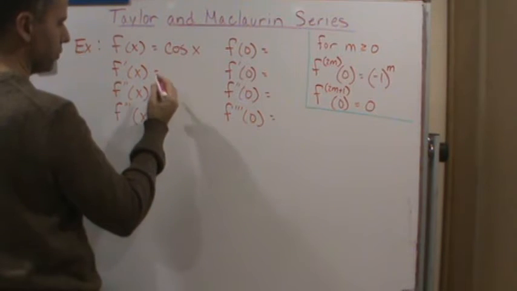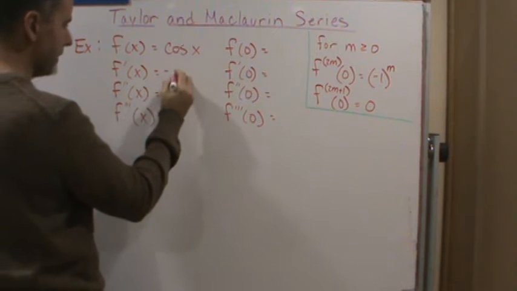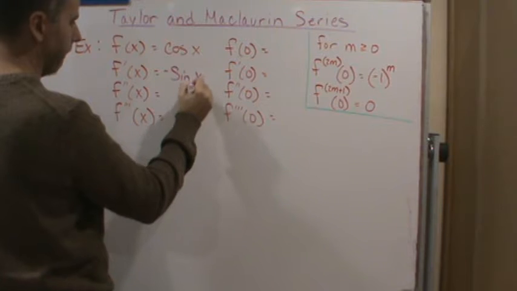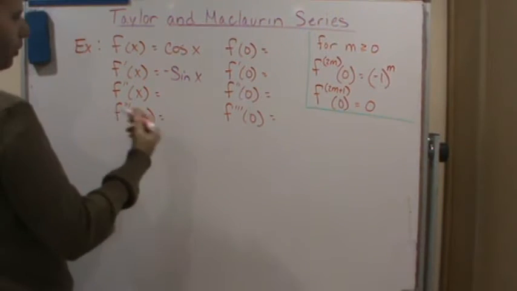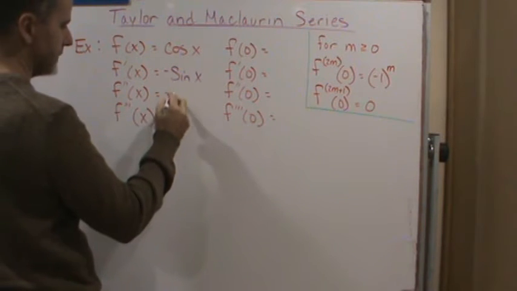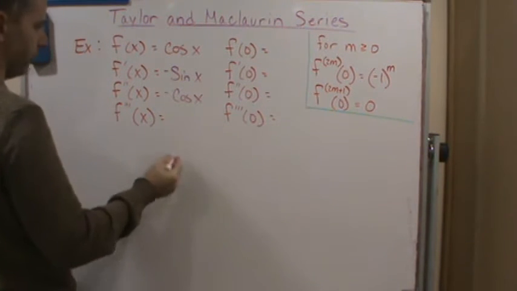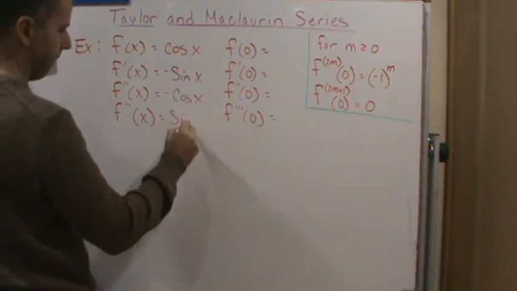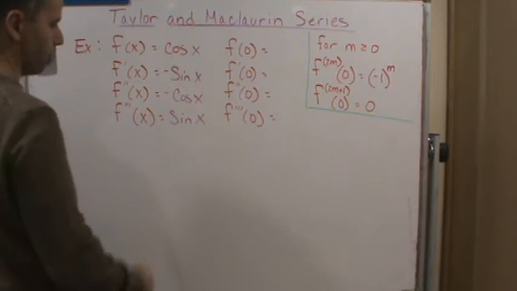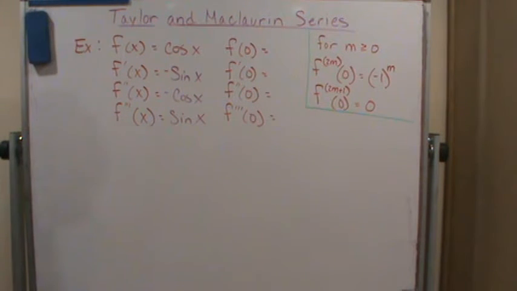So the derivative of cosine is negative sine x, and the derivative of negative sine x is negative cosine x, and the derivative of negative cosine x is sine x.